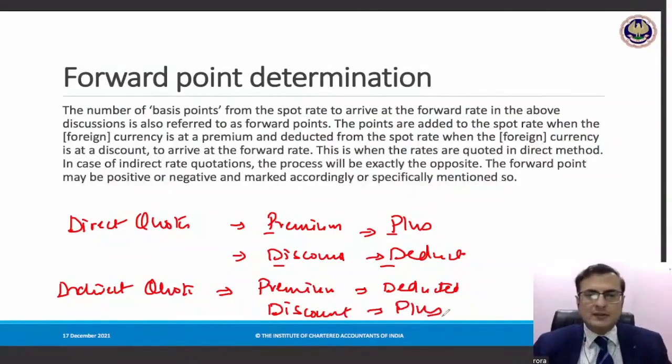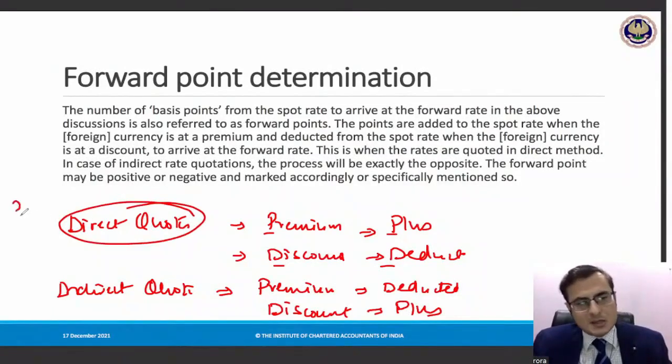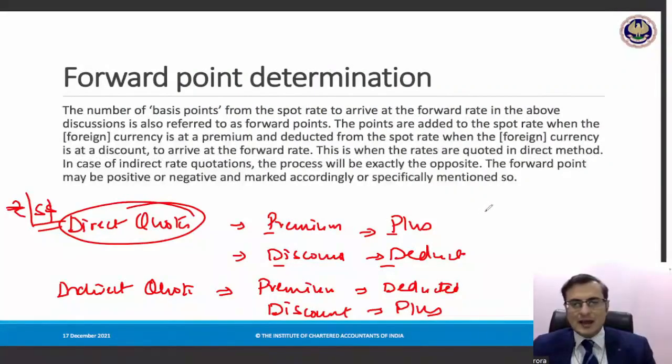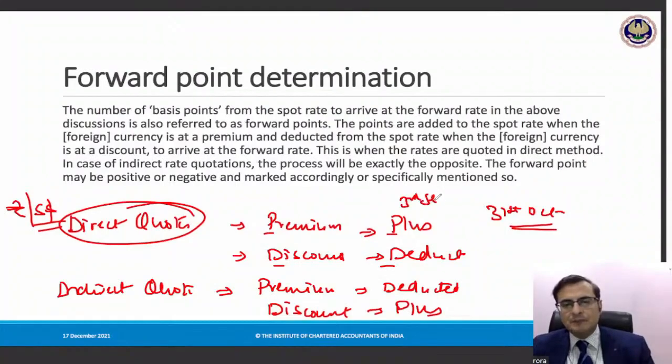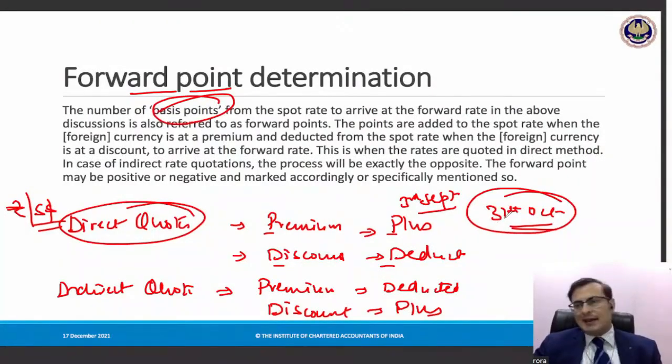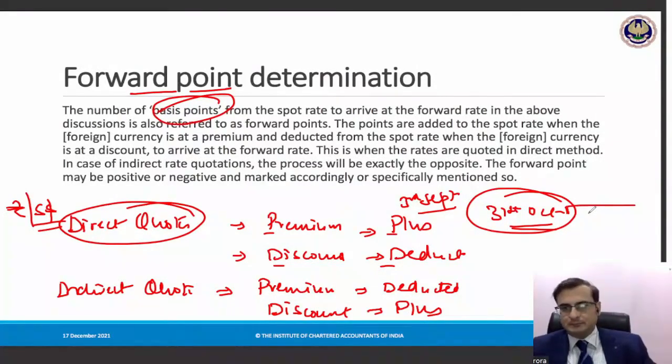So here we converted that into a direct quote as rupee per Singapore dollar, since Singapore dollar was the base currency. Then it becomes easier, as premiums were given in both the currencies, so we added those premiums to get the value as on 31st October. The transaction was happening on 3rd September, and with the help of the forward points we were able to get the 31st October rates, and as a result the value of the contract that shall take place as on 31st October.